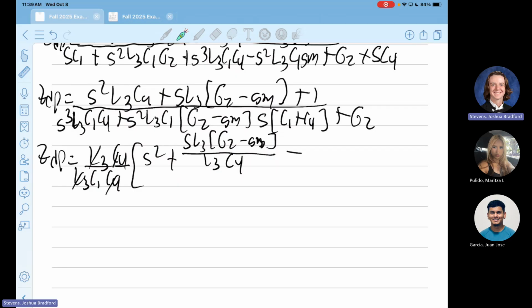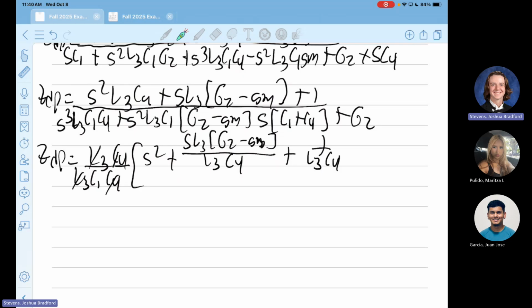I'm sorry, you factored out the L3C4? Correct. And the S squared? Yes. But in order to factor that out, you need to have that. Correct. So then I'm about to do the same thing with the next term, 1 over L3C4. Because if I multiplied the L3C4 times the 1 over L3C4, I would just get 1, which I would need to get. Does that make sense? Yes?